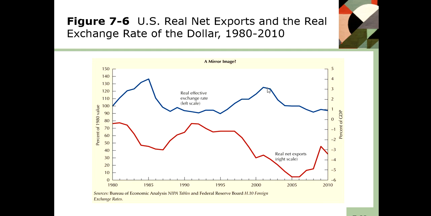Okay, when this goes up again, real exchange rate increases, the net export decreases again. Up to this moment, here is the financial crisis 2008. So it's not that normal. But during the normal time it is, but even here it is the same. Okay?